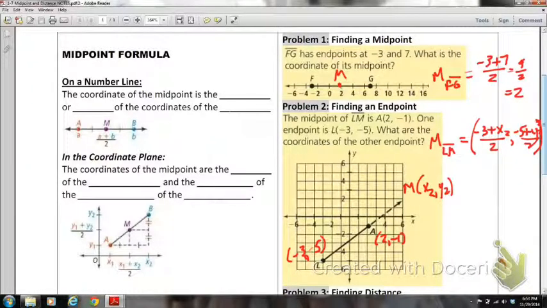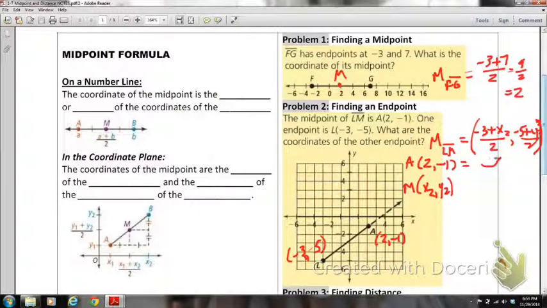Now the midpoint of this segment is point A. So to set this up, we're going to have point A, which is (2, -1), equal to what we just set up here.